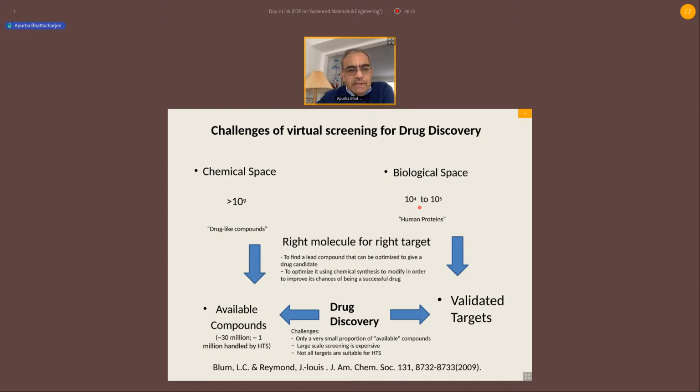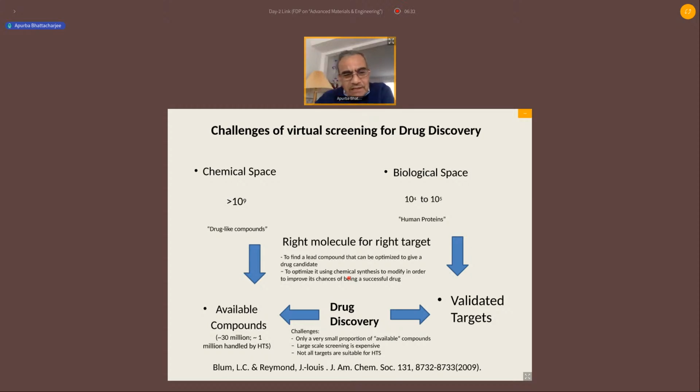So to choose the right molecule for the right target is not a very easy thing. It takes huge patience, and also a huge amount of time, to select the right one.